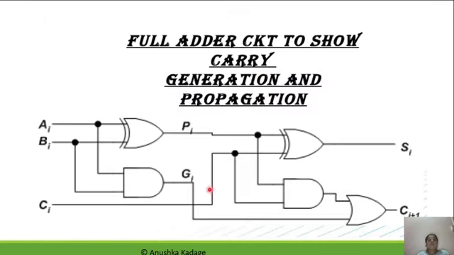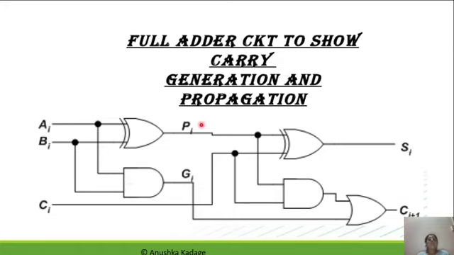They will be generated as shown in this logical diagram, where we can see that carry propagation is obtained as XORing of the two bits which we are going to add, while the carry generation is obtained as the ANDing operation of the two bits which are to be added.